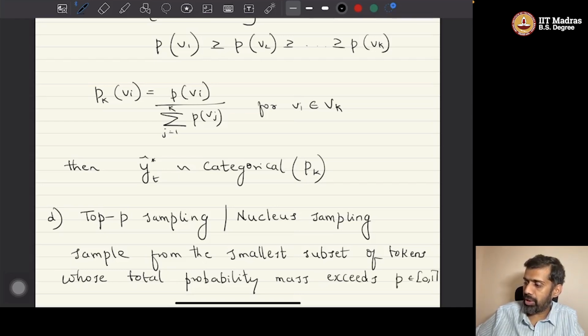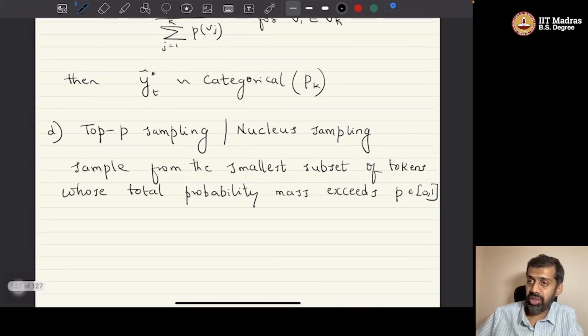So you choose a probability p, and instead of sampling from the top k tokens, you take those tokens, rank order them in such a way that their total probability mass exceeds the pre-chosen value p, and then sample from that. So that is one way to do it.